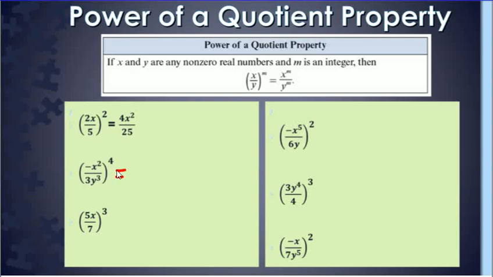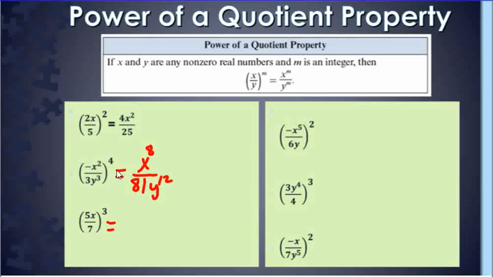Negative x squared to the 4th power. Since I have a negative inside the parentheses, and I'm raising it to an even number, that makes it a positive x to the 8th. And then 3 to the 4th power would be 81. Y cubed times 4 is y to the 12th. So that would be my answer there.